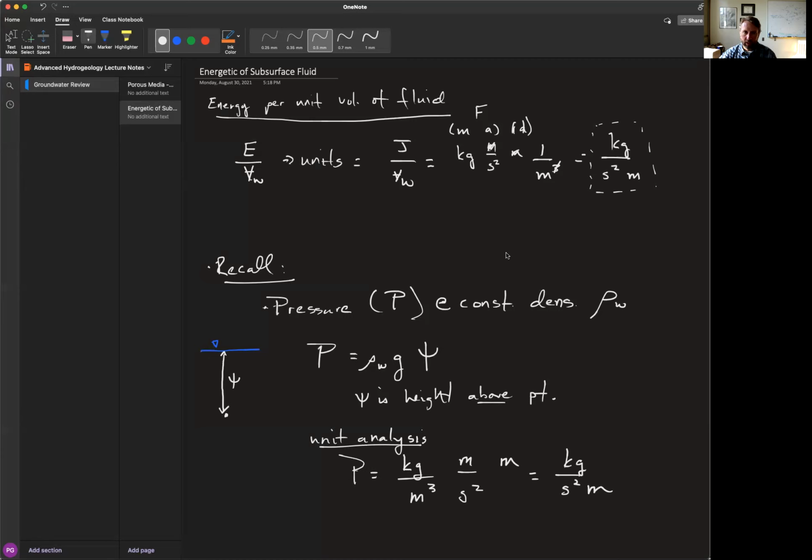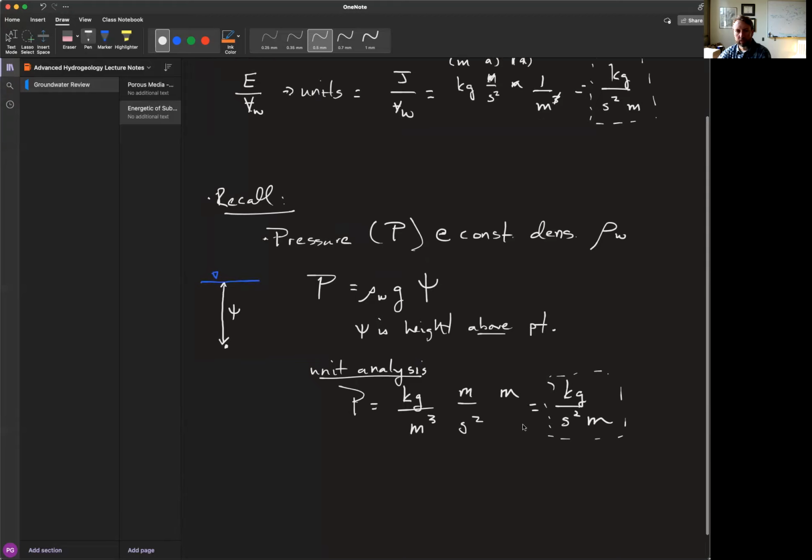Guess what? That is our unit of joules per unit volume. So this guy is the pressure energy. We can think of pressure as the pressure energy per unit volume.